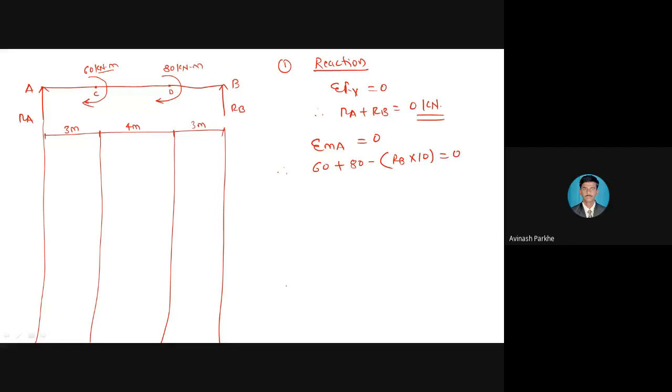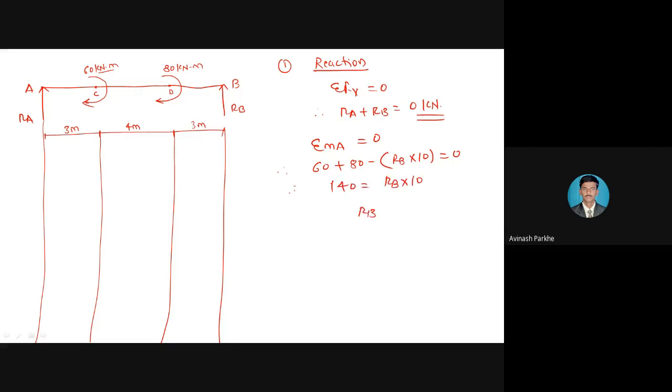So don't forget to take the couple in the bending moment calculation. If you take only RB into 10, it is not possible to go for the reaction calculation. Therefore, take the effect of the couple also, but while taking it, don't multiply by the distance. Take the couple value as it is in the BM calculation. So 140 is equal to RB into 10.